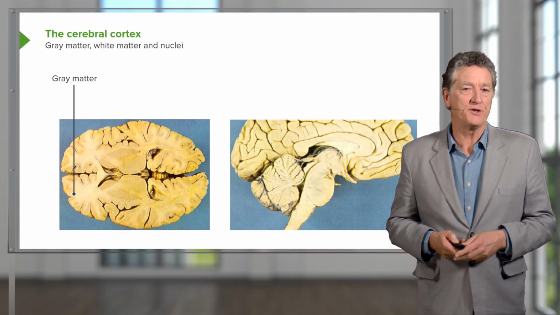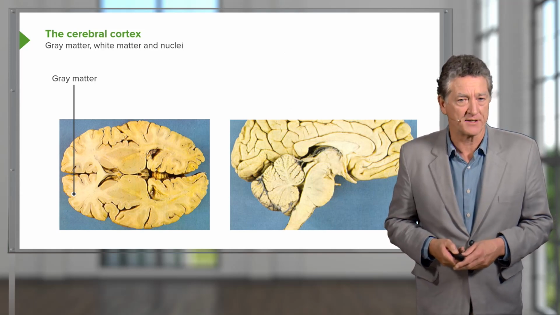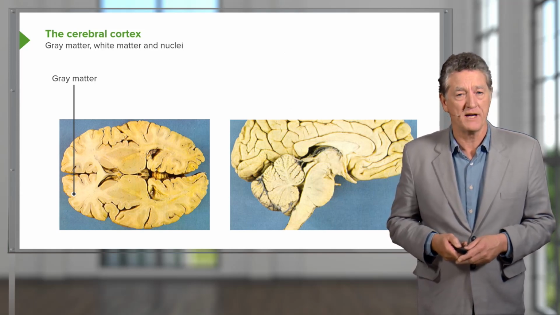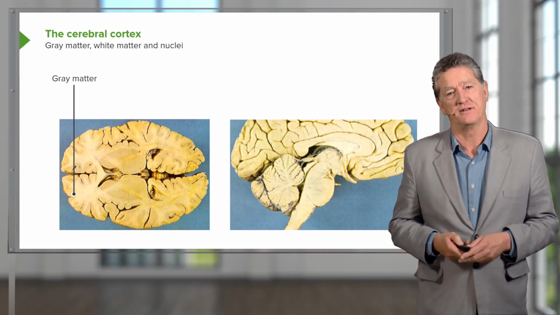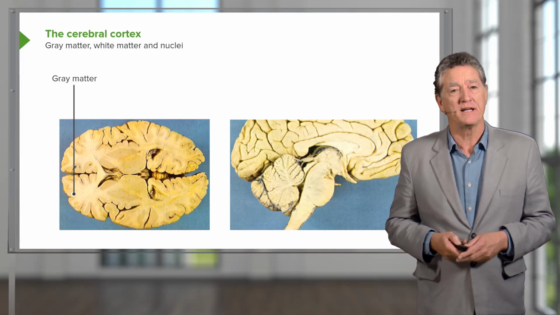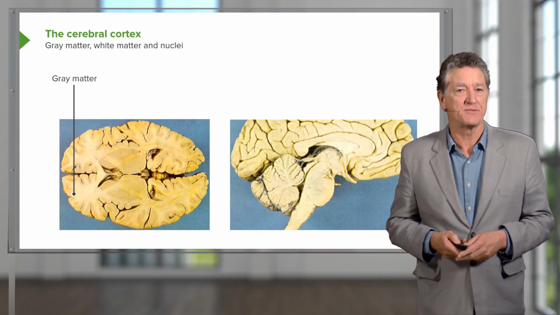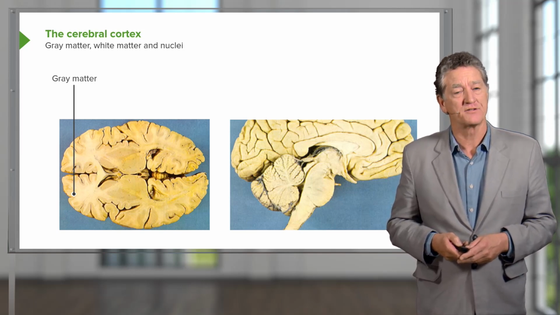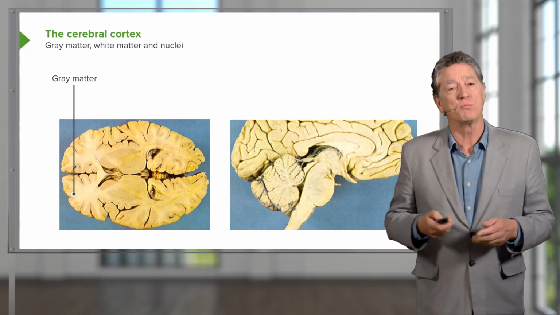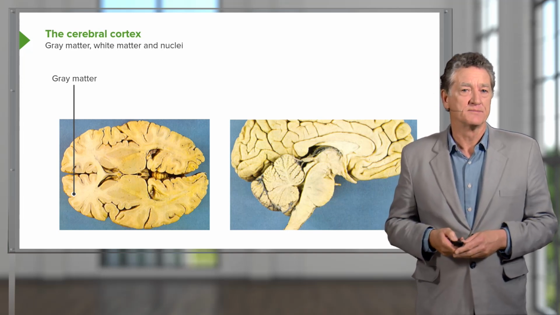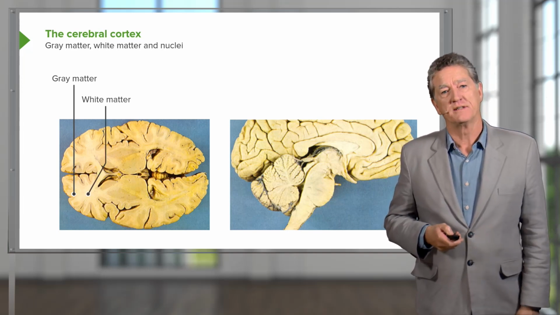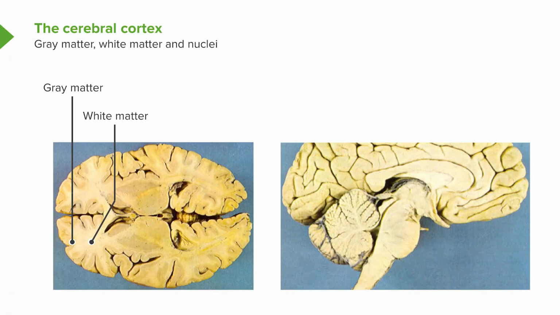But what I want to bring to your attention is that the grey matter of the brain is actually on the outside. Whereas remember, in the spinal cord, it was that H or butterfly-shaped structure on the inside, surrounded by white matter. In the brain, it's the other way around. The white matter is internal to the grey matter.